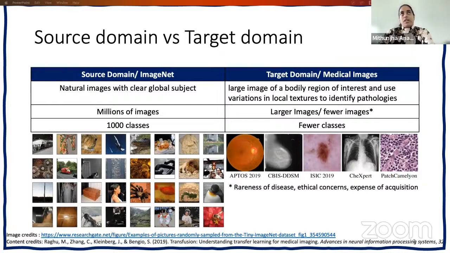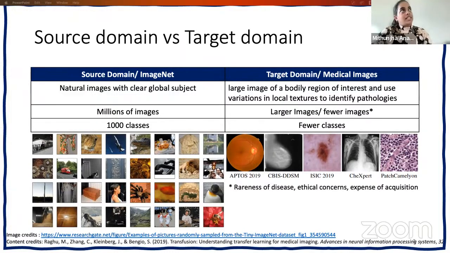In medical images, transfer learning is quite popular. The reason is that medical images are small in data size. This could be due to the rareness of the disease, ethical concerns, or the expense of acquisition.